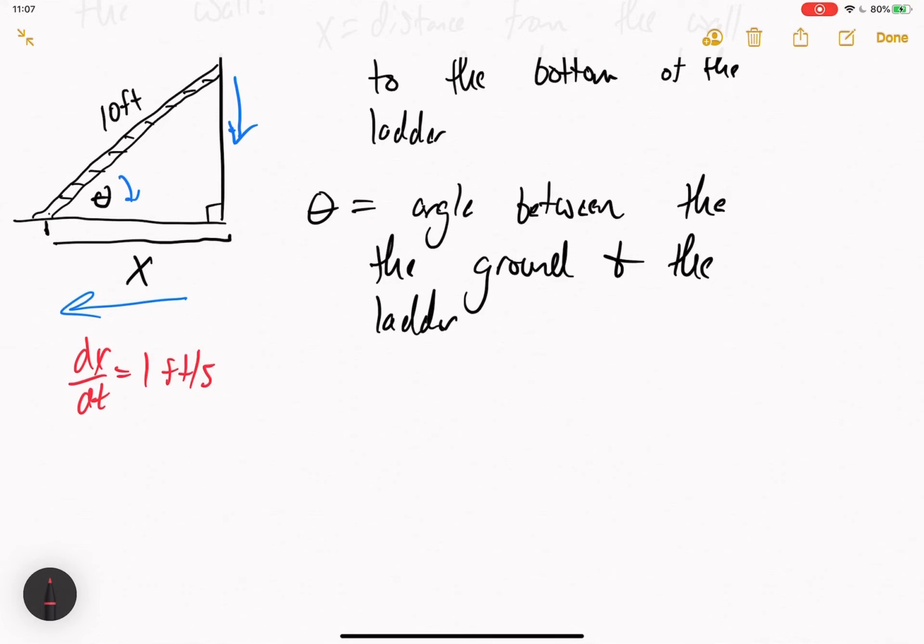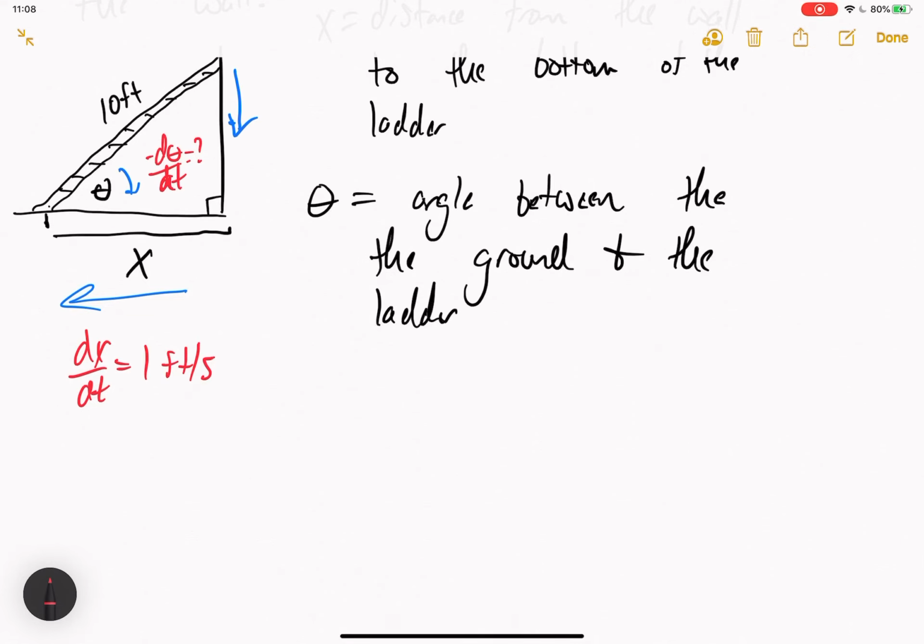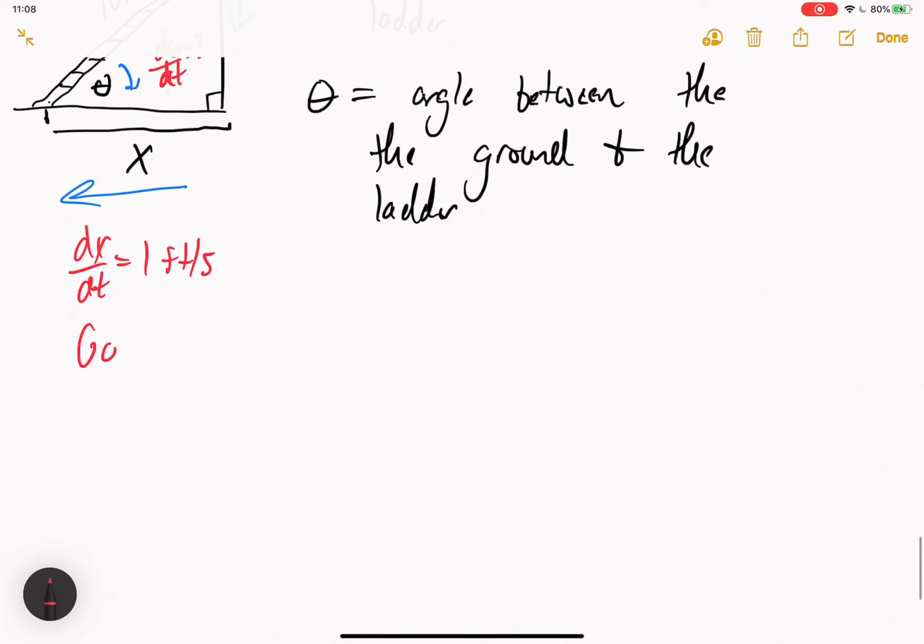And the question was, what is d theta dt? We want to find d theta dt when x is equal to 6, so whenever the bottom of the ladder is 6 feet away.